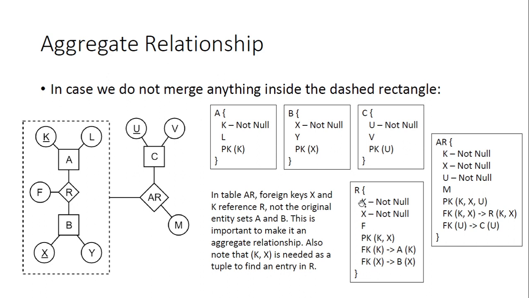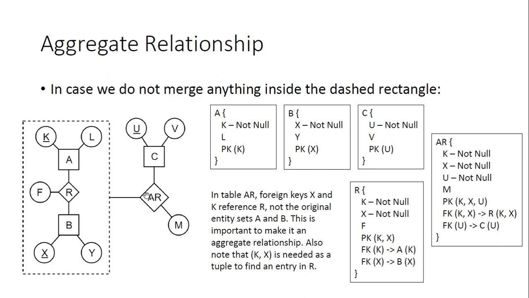So in the R table, I keep K and X. K is a foreign key that refers to A's primary key, and X is a foreign key that refers to the primary key of B. Since this is a many-to-many relationship, the primary key is going to be K and X together, and F is just some other attribute. Since these are not named, we did not write the data type of these attributes.